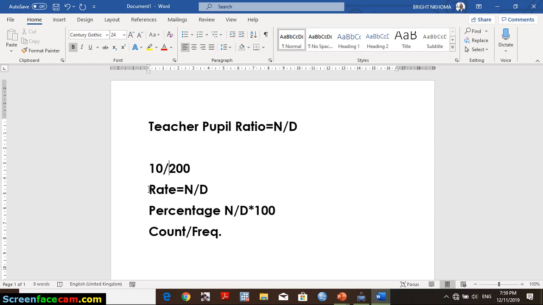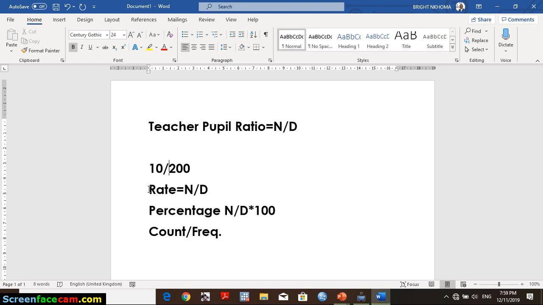Are we together? So here we are assuming that we've got 10 teachers, then we've got 200 pupils at that Vubi secondary school. Then we've computed, and it's giving us 20. Then it means per single teacher, you have 200 pupils that are being attended to by that particular teacher. Are we together?